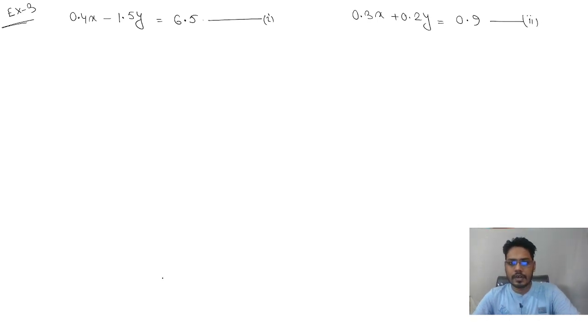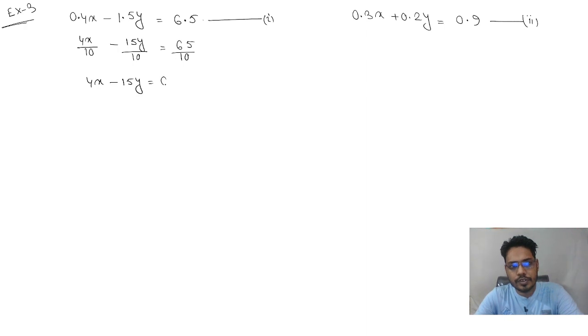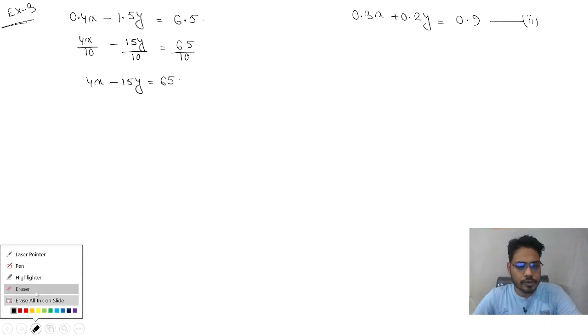If it is given, how to make them? Very easy. So what we can write here is 4x by 10 minus 15y by 10 is equal to 65 by 10. So that means we can say here 4x minus 15y will be equal to 65. So you can write this as equation number 1, because it is the purest form.